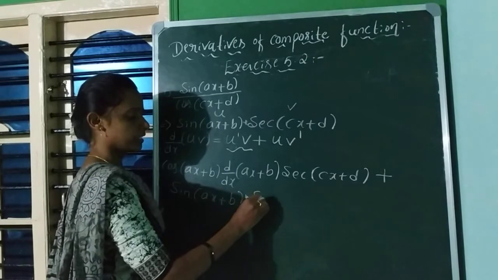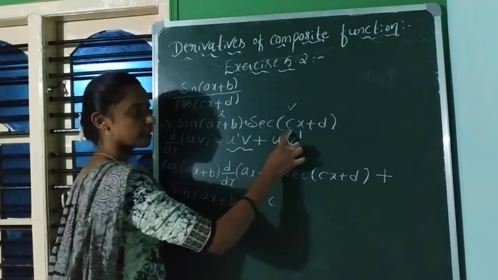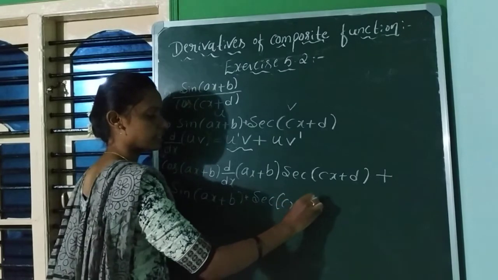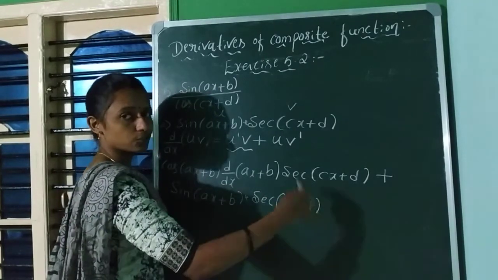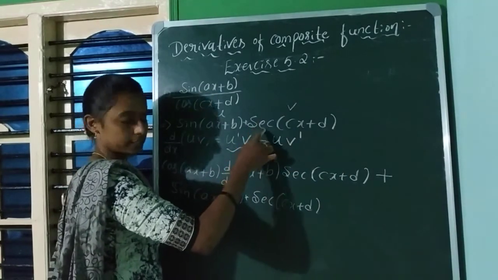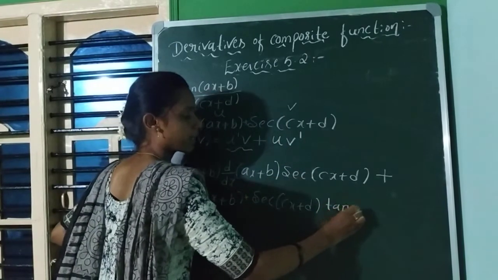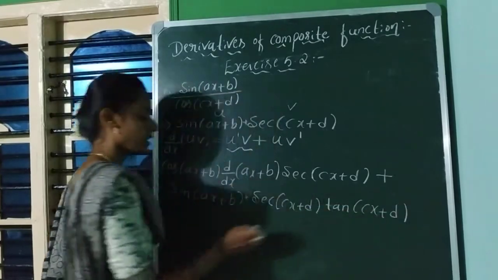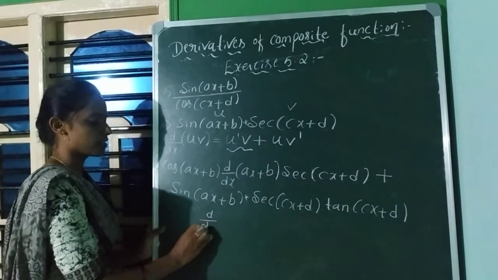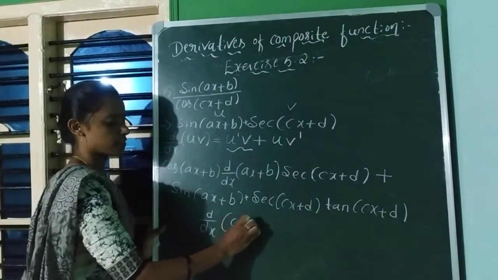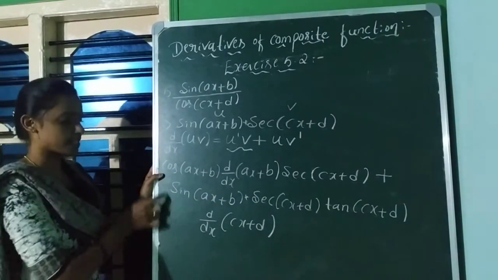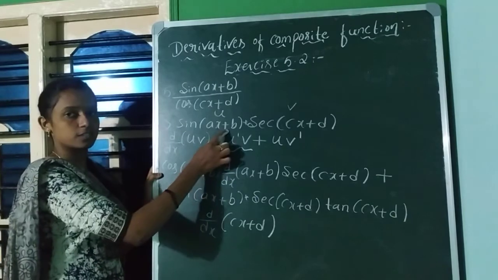Here x is again the inner function cx plus d, so secant of cx plus d into tan of cx plus d. Again you need to differentiate the inner function cx plus d. Understood?